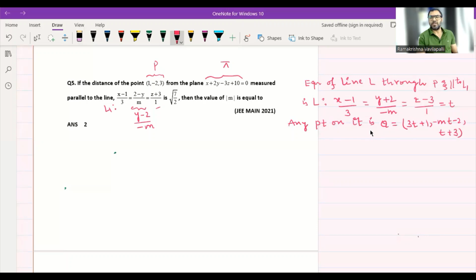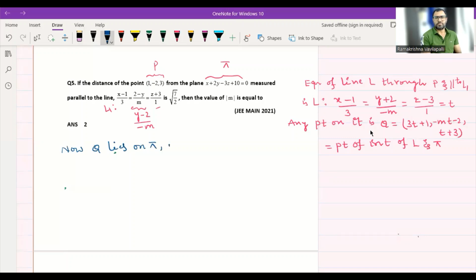So this is the point of intersection of the line and plane pi. Now this point Q lies on the plane. Q lies not on L, but on the plane pi.